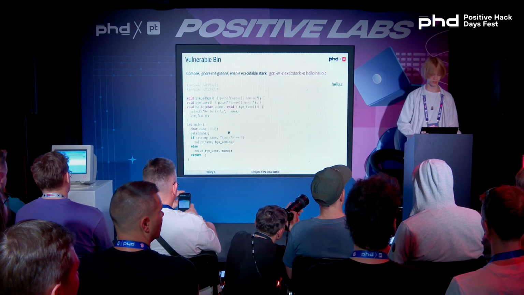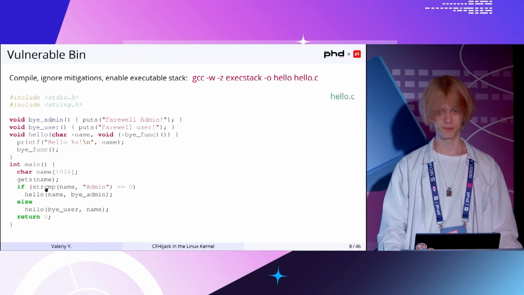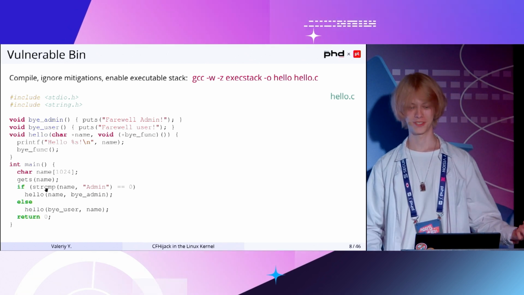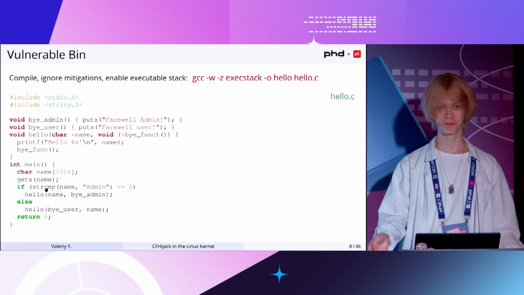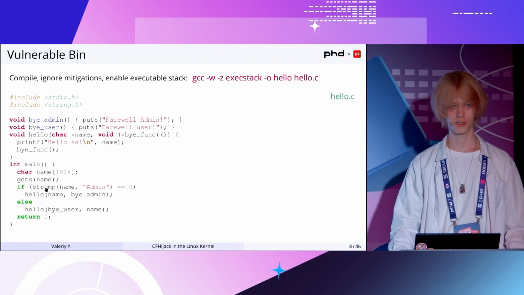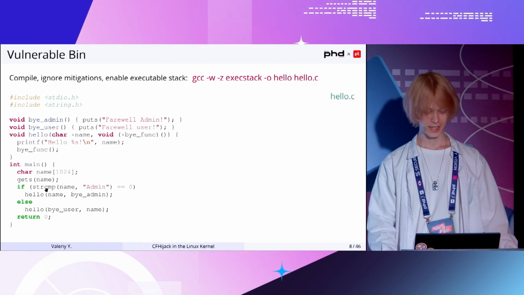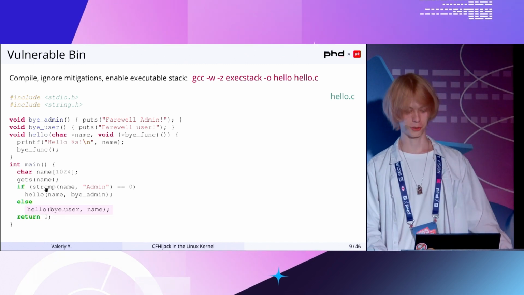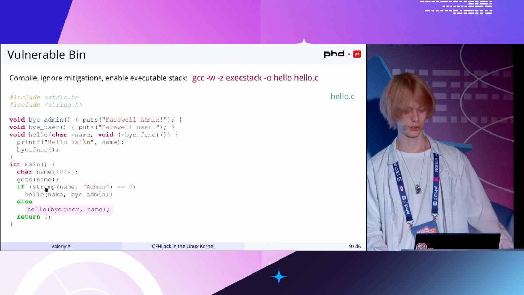You can try and type in your own name, but the most important thing happens here. It's a polite binary, so it discerns between ordinary users and admins. If it's an admin, then it says hi. But if it's just an ordinary user, then it doesn't do anything.